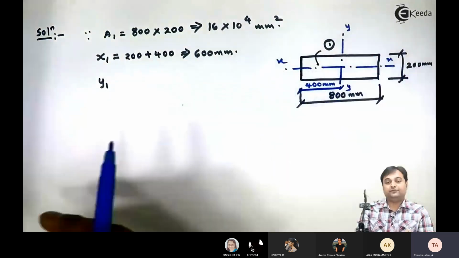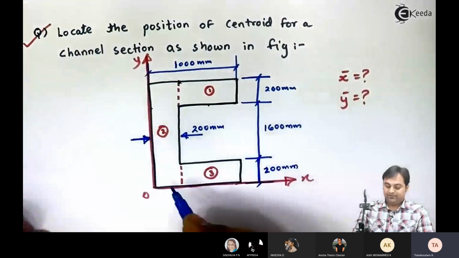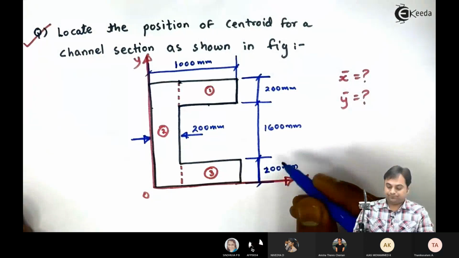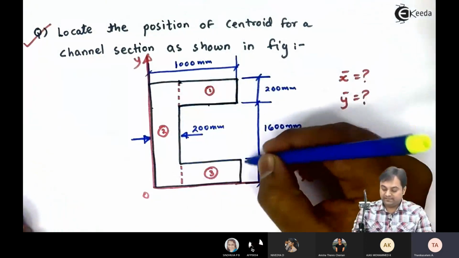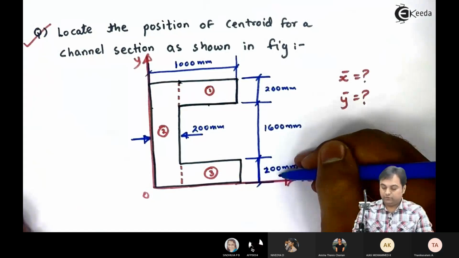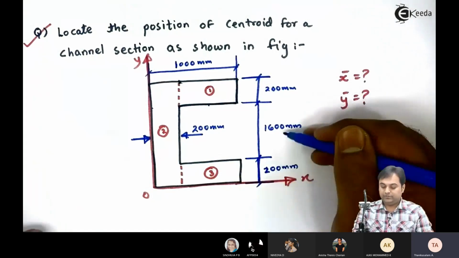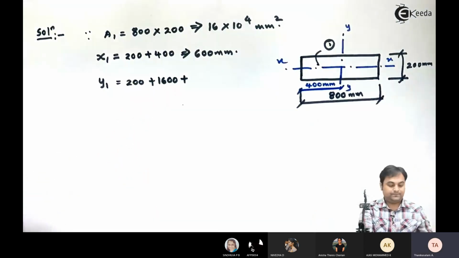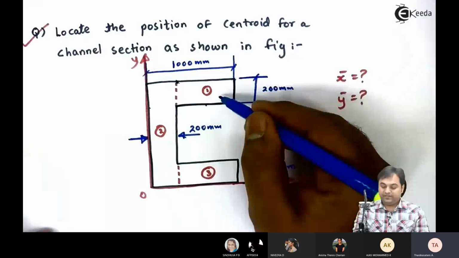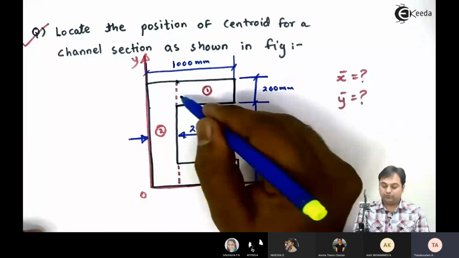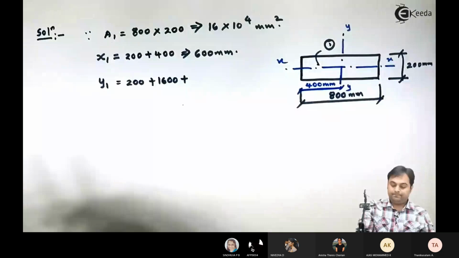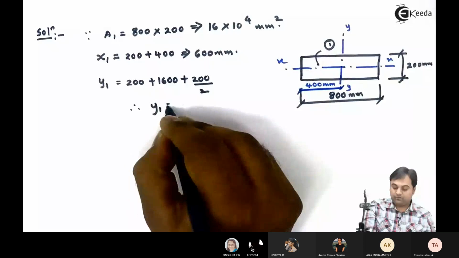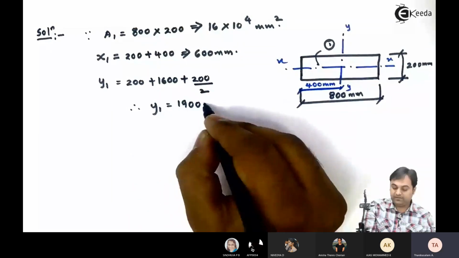Since we are measuring distances from the x and y axes, my reference here would be the x-axis. From the x-axis, the first rectangle starts after 200 plus 1600 mm, plus the x-axis for rectangle number 1, which will be at half of 200, so it is 100. So y1 will be 1900 mm.